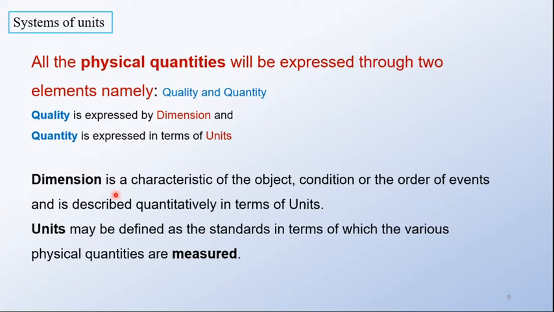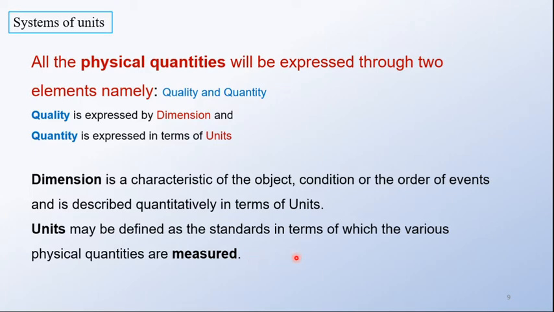We can define it as a characteristic of an object, a characteristic of a condition, or the order of events, and it is described quantitatively in terms of units. And units may be defined as the standards in terms of which the various physical quantities are measured.